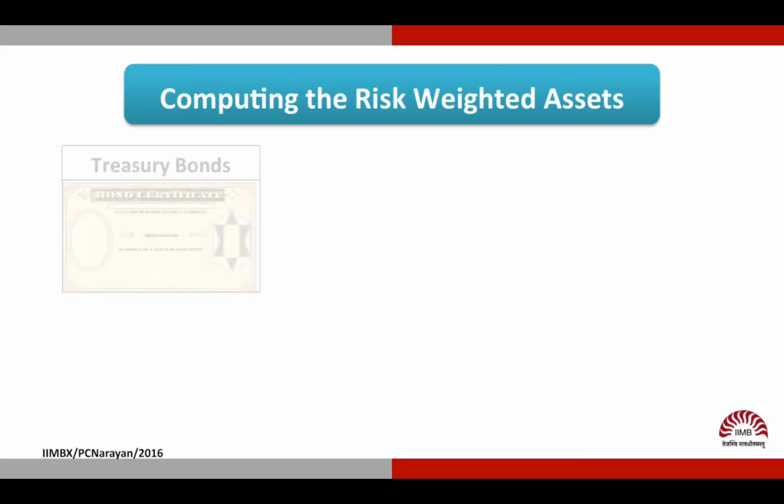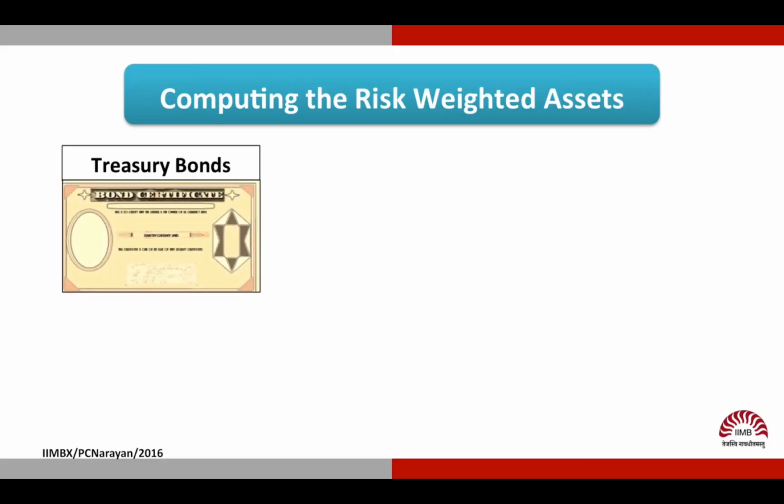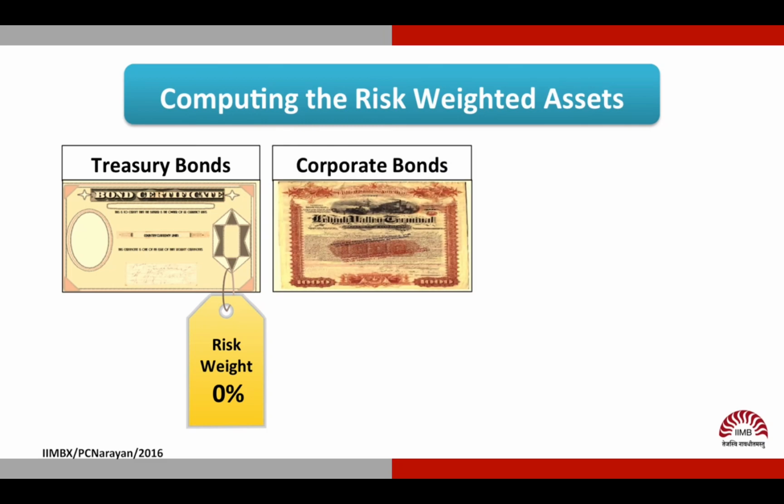For example, treasury bonds and government securities carry zero credit risk. In other words, there is no risk of default. Hence, the risk weight is 0. On the other hand, corporate bonds that are essentially unsecured loans could carry 100% risk weight.